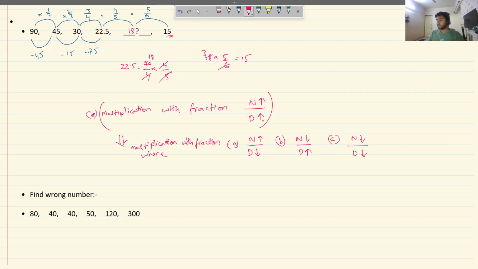And here the numerator and denominator are increasing, incrementing by 1.